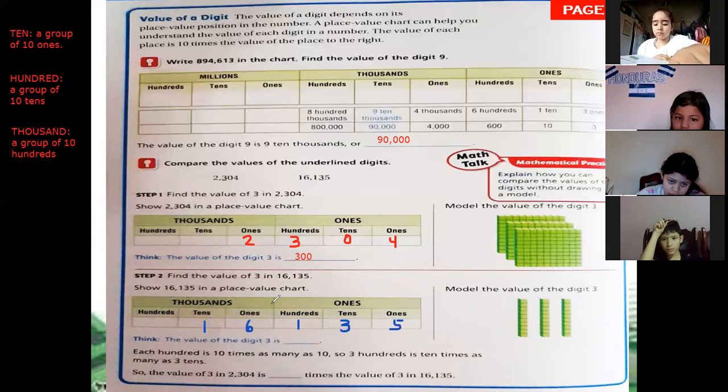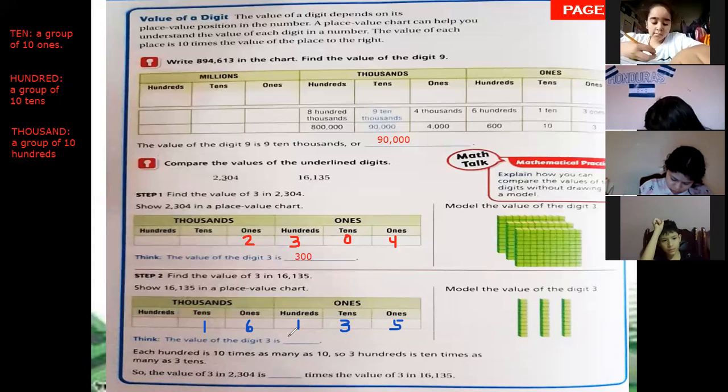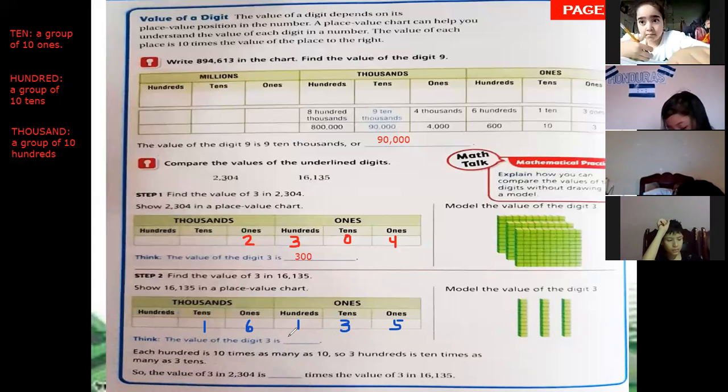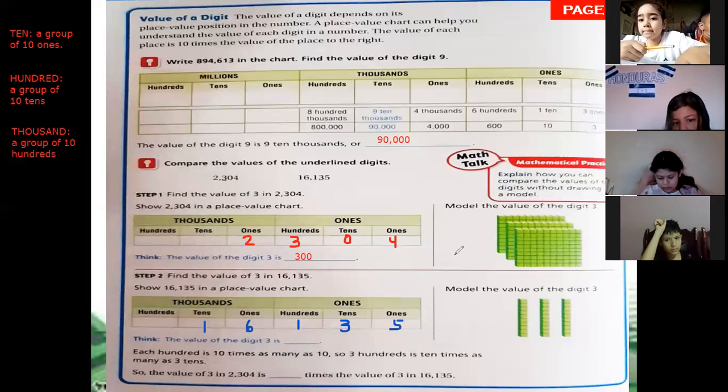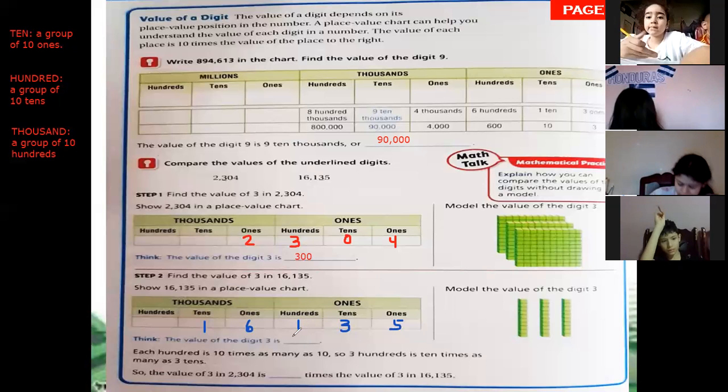Tens. But we have 3 tens. So that equals? The value of the digit 3 is in tens. And if you have 3 tens, that equals? We have 3 tens. Equals, class? 30, excellent.